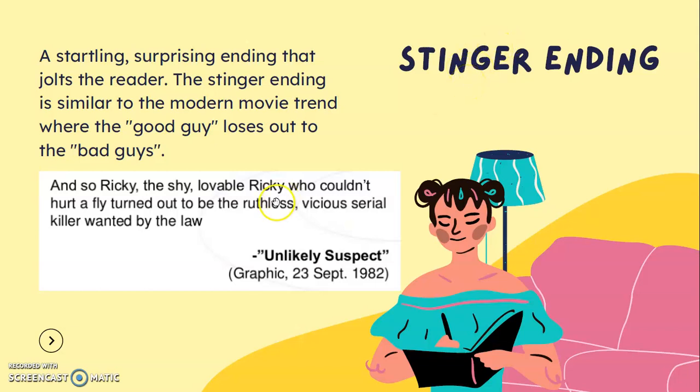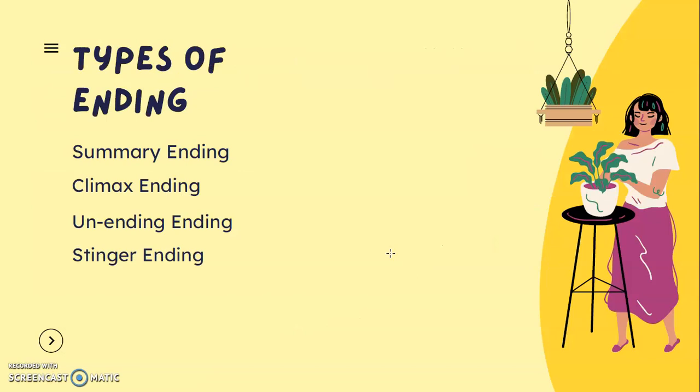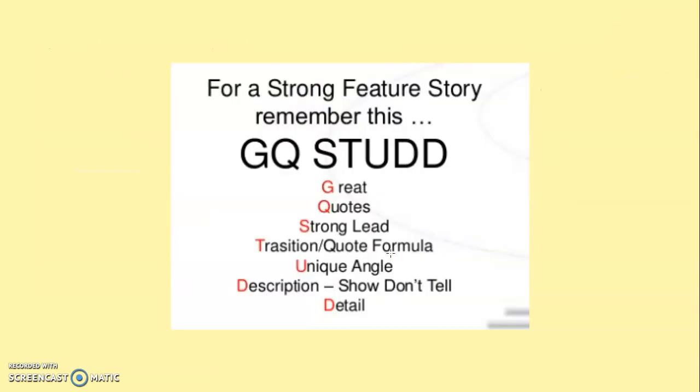Di ba na yung mga stings ang bee o like pag matusok ta sa lubot sa bee, uy, naunsa man to? Nganong sakita ba ato murag ingana pod ang effect kana? Ha? Nganong naingon ani ang nahitabo? So startling, surprising ending. Okay, so again, let's have a review of the 4 different types of ending of a feature story. We have the summary ending, climax ending, unending ending, and stinger ending.